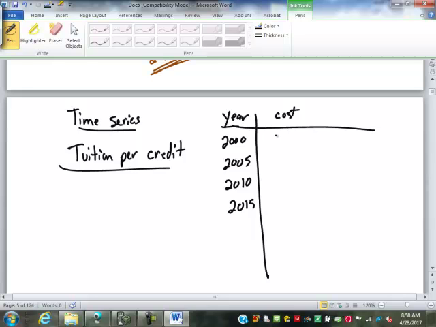Let's say in 2000, the cost per credit was $98 per credit. In 2005, it says $113 per credit. In 2010, it jumped up to $156. And in 2015, it was $148.